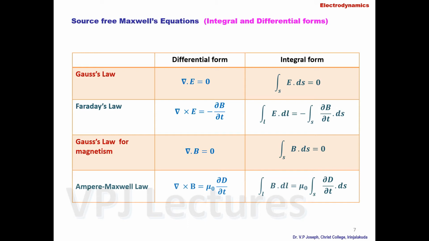So these equations may be modified like this: del dot E is equal to 0, del cross E is equal to minus dou B by dou T, del dot B is equal to 0, del cross B is equal to mu 0 dou D by dou T. Mu 0 J is removed from Ampere's law, and rho by epsilon 0 is removed from Gauss's law. So these are Maxwell's equations for a source-free region, and these are called source-free Maxwell's equations.